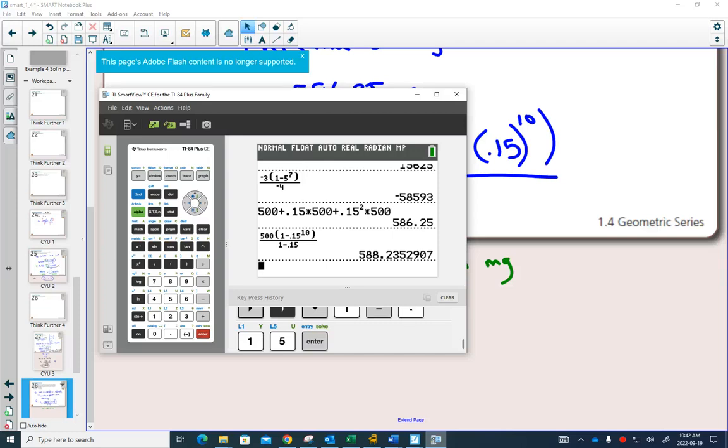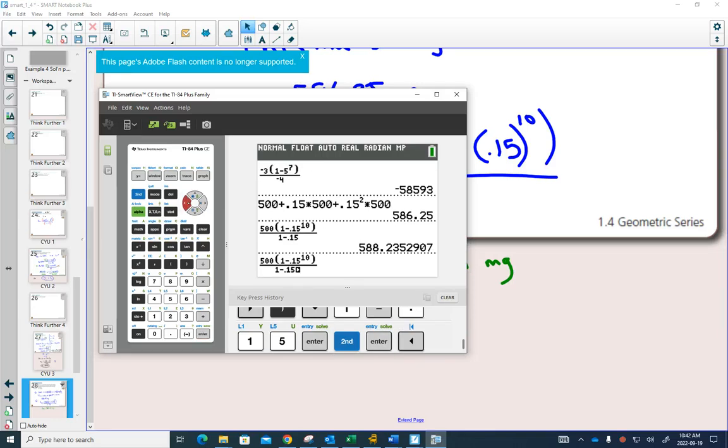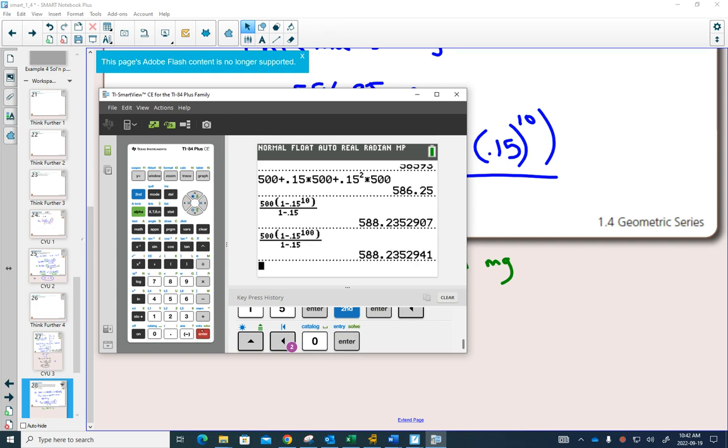Well, if I just retype this and change the 10 to 100 and push enter, how much did the number change? Almost nothing. You see, just way down at the decimal places, it changed.